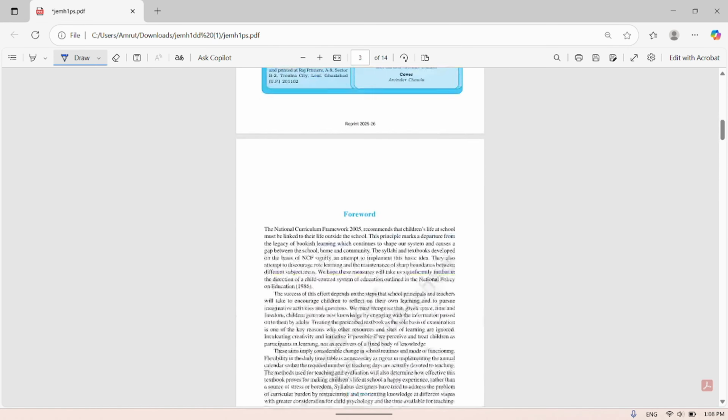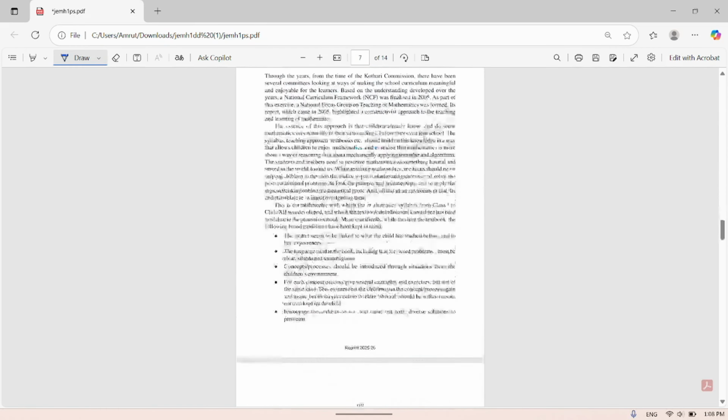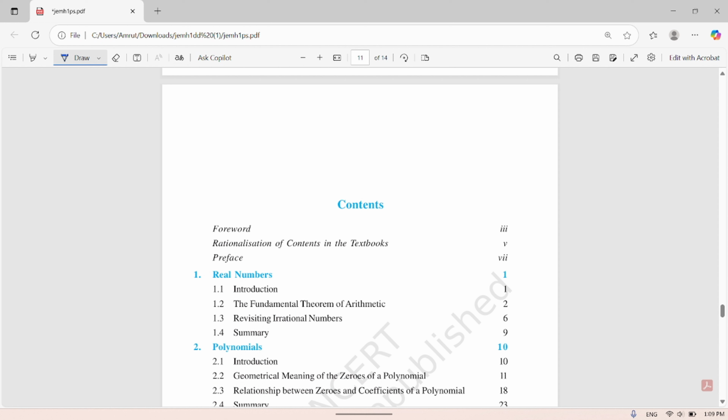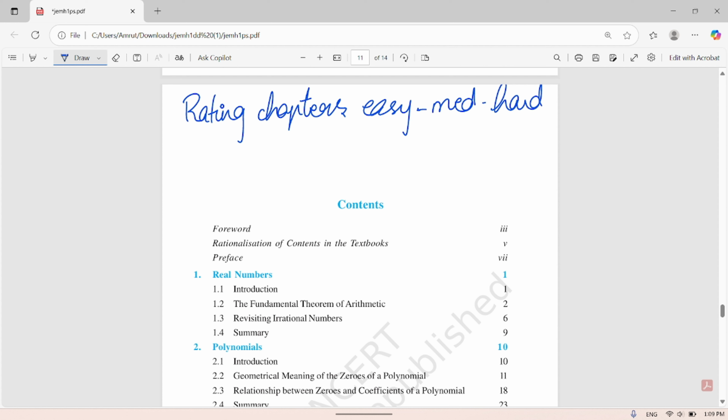So the first thing we'll be doing is checking topic wise, and now we will be rating chapters as easy, medium, hard.